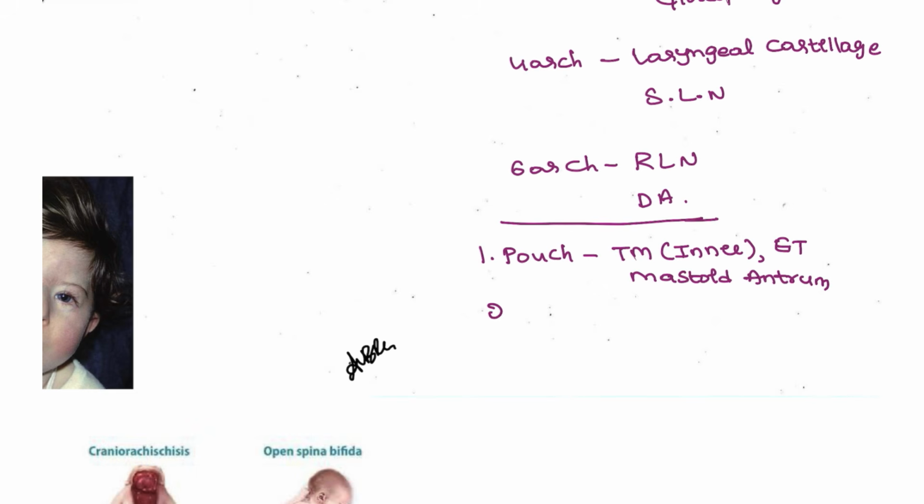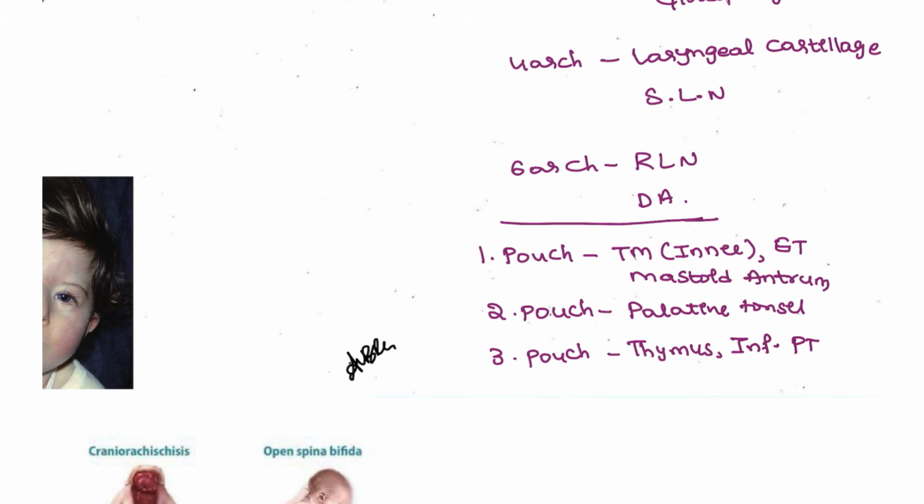Second pouch is going to give the palatine tonsil, mainly the lining. The third pouch is going to give the thymus and inferior parathyroid glands. Fourth pouch is going to give the superior parathyroid glands.